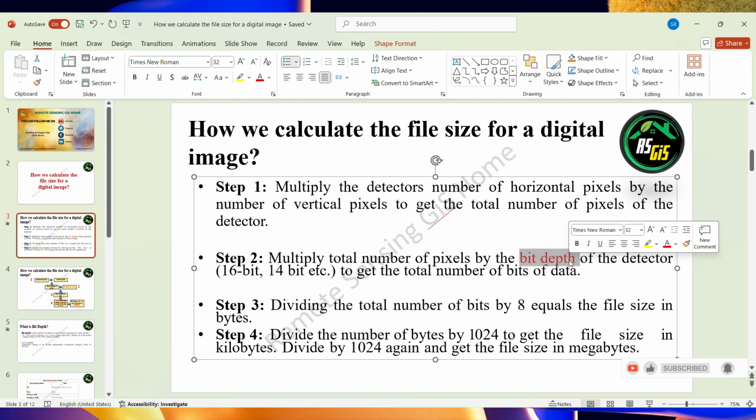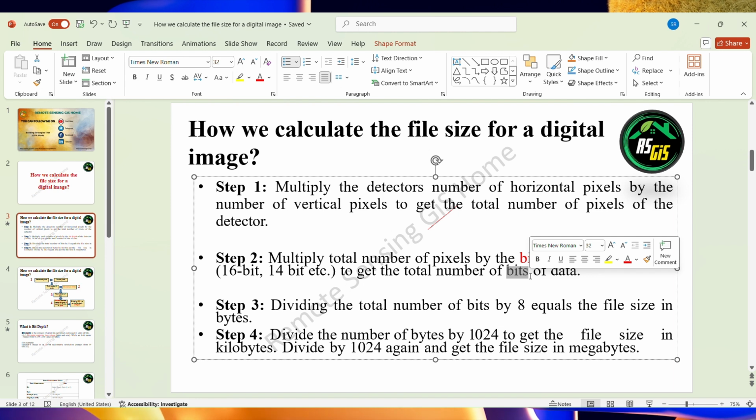After multiplying by the bit depth we get the value in the form of bits. Dividing the total number of bits by 8 gives the value in bytes.